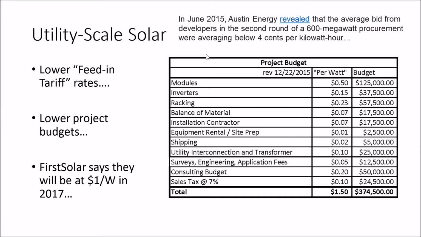Utility scale solar can get very cheap. This was a budget that we put together for a 350 kilowatt solar project in 2015. You can see I was really busy or I was really hungry for some work.